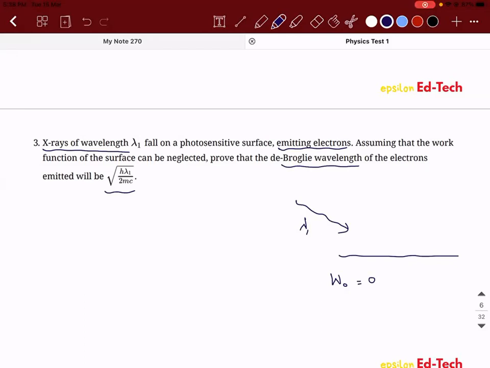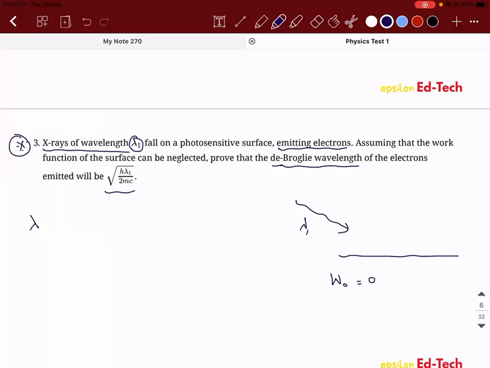So here, if you observe, this question is very tricky. Why it is tricky is because you have two wavelengths. One wavelength is lambda 1 and the other they are talking about is the de Broglie wavelength. Can you tell me what does de Broglie wavelength represent?